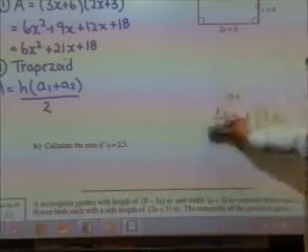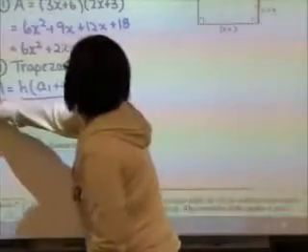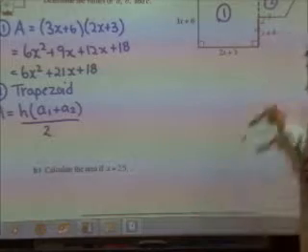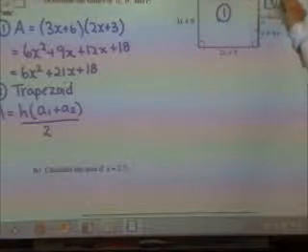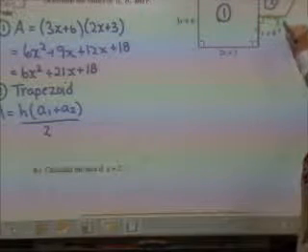So now if I go to use this trapezoid, I need to find out the measurements here. What do I know about this measurement here? x plus 4, because the tick marks tell me it's the same as the other one that's indicated.